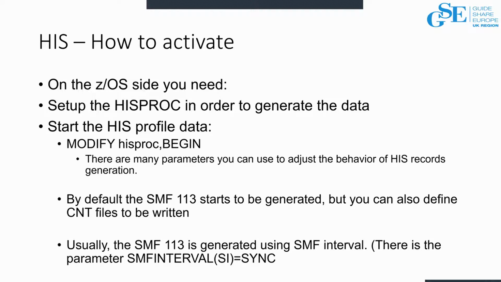So if you need to adjust this parameter, you can use the SMFINT on the MODIFY HIS,BEGIN. Also, if you want to finish the collection of SMF 113, it's MODIFY HIS,END. Okay.